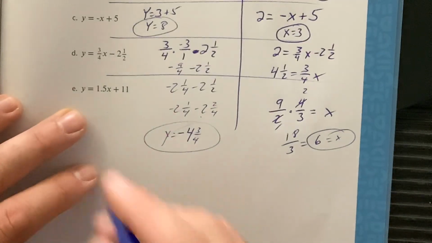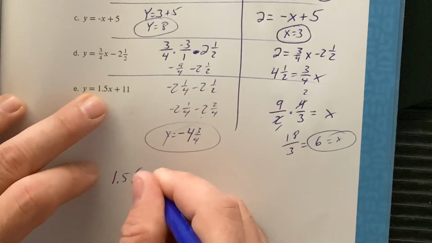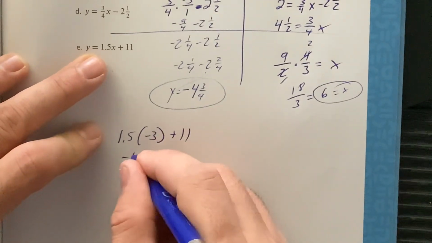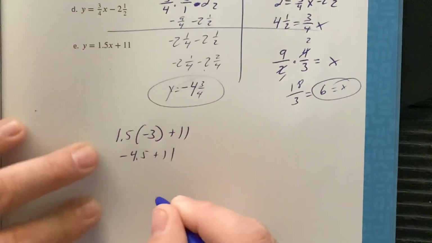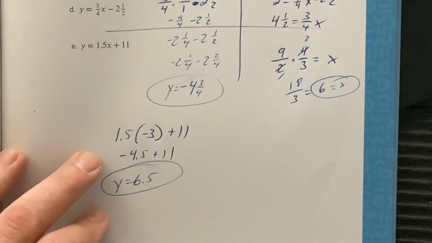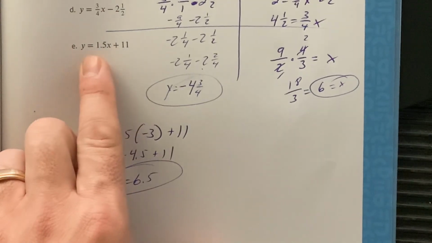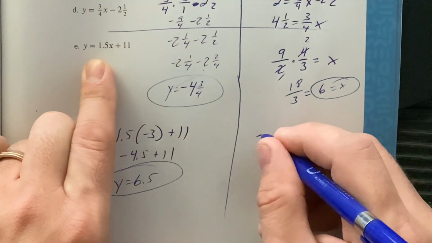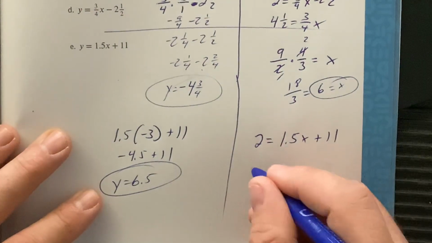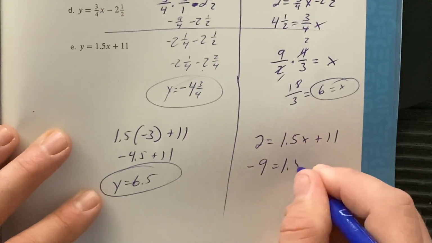E should be easier. 1.5 times -3 plus 11. That would be -4.5 plus 11, so that would be 6.5. Second part, plugging in 2 for y. 2 equals 1.5x plus 11. Subtract 11 from both sides.